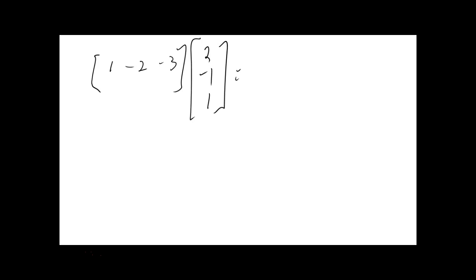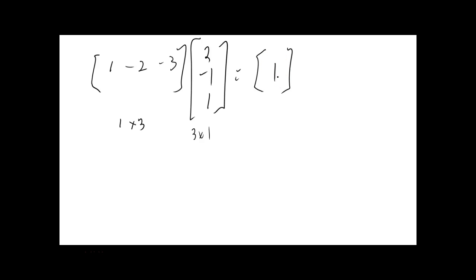Either one, though the book hasn't gotten there. What's the size of the first matrix? 1 by 3. Size of the second? 3 by 1. Can you multiply? Okay, you can. What will you get? A 1 by 1. You're going to get a single number. What will that number be? 2 plus 2 is 4, minus 3 is 1. It just happens to be 1.